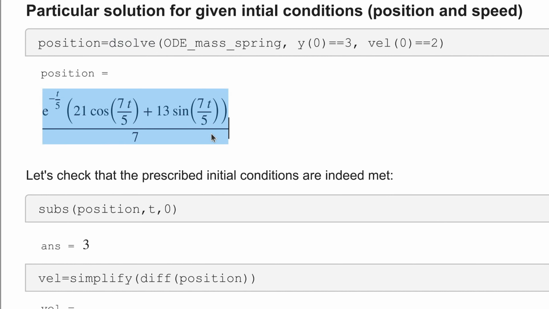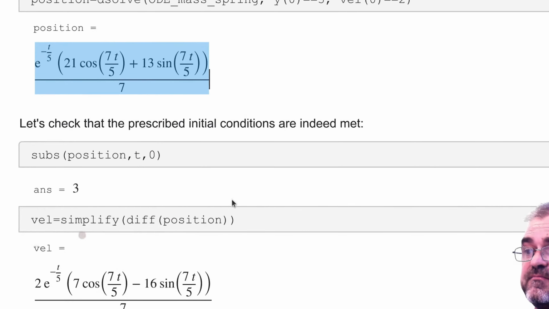And of course, if we replace t by 0, then this will be 1, this will be 1, and this will be 0. And making operations, we can indeed check that the initial position when time is 0 is 3.